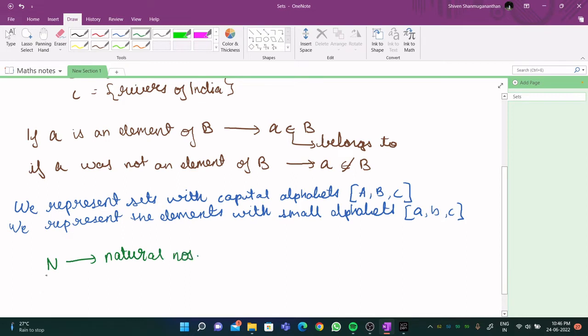Then we have Z, which signifies a set of all integers. Then we have Z plus, which means it is a set of all positive integers.